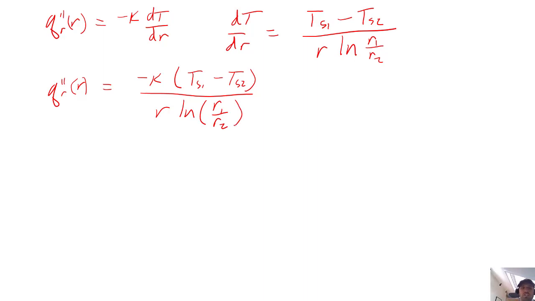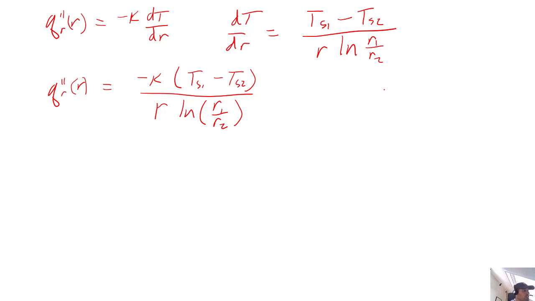Everything in this equation is a constant except for R. So what we're going to expect, because R is going to be increasing as you go from the inner radius to the outer radius, is that as R increases, your flux is going to decrease. As R gets bigger, your flux gets smaller and smaller.